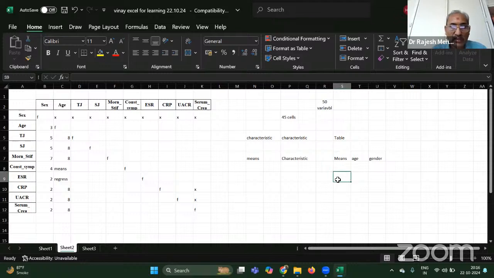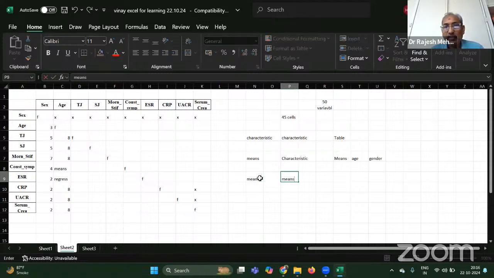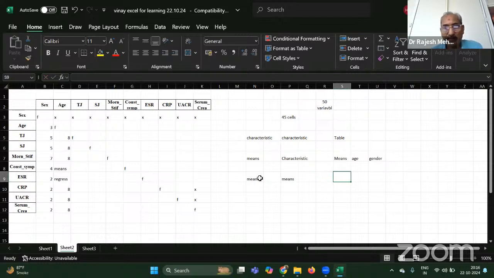But if both are variables where you can find out means, that is, continuous variables, and you want to compare the two, then you can have a regression equation. So use the regression command. This is how your analysis should be done.